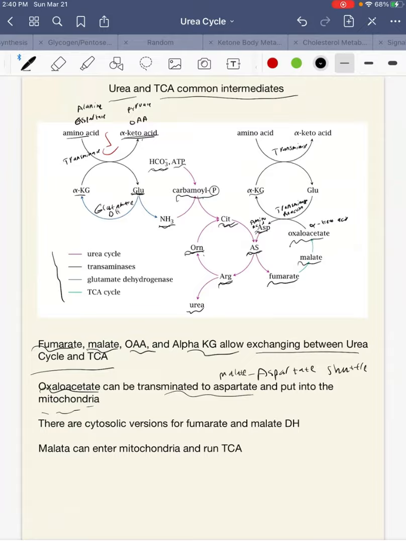And then it also sends substrates to TCA to run in the mitochondria. So there are cytosolic versions of fumarase and malate dehydrogenase. They're talking about these over here. This is supposed to say fumarase, and this is malate dehydrogenase. Then malate can enter the mitochondria and run TCA. So that's the malate-aspartate shuttle again.